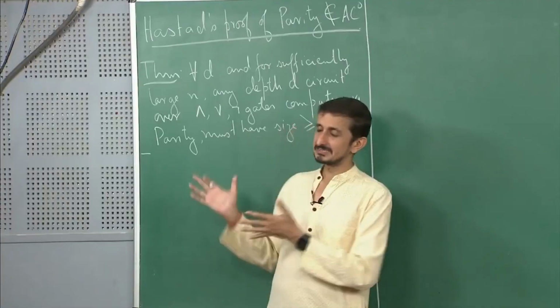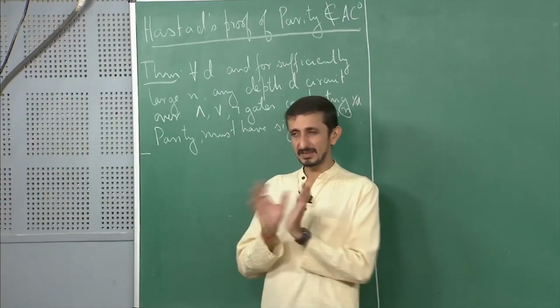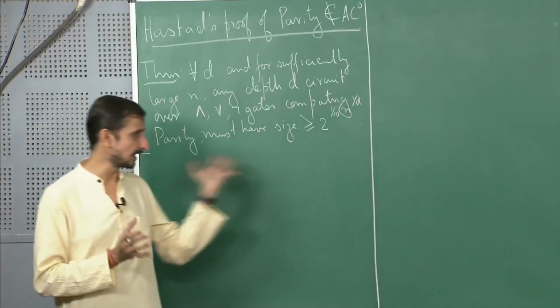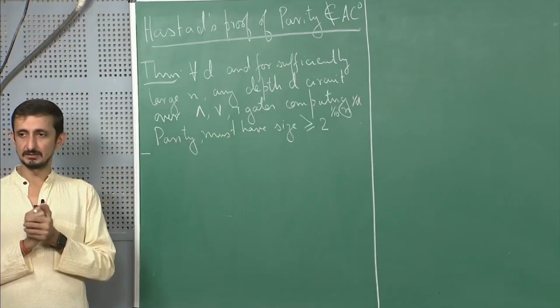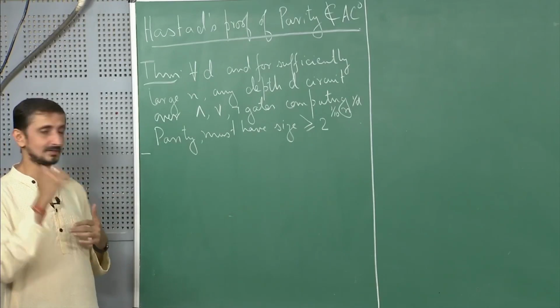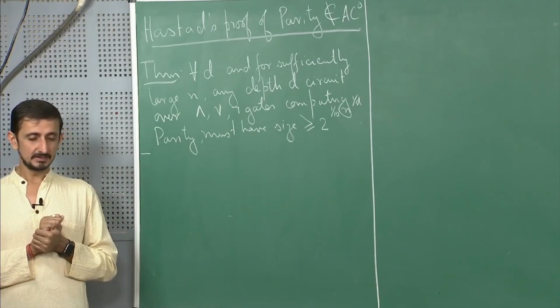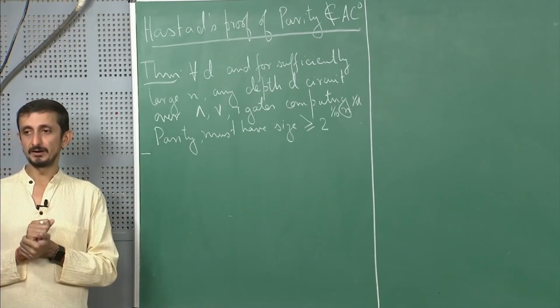But the way Hastad gives his proof is completely different. I will very soon give a brief overview of how Hastad's proof proceeds, but it is a totally different approach.